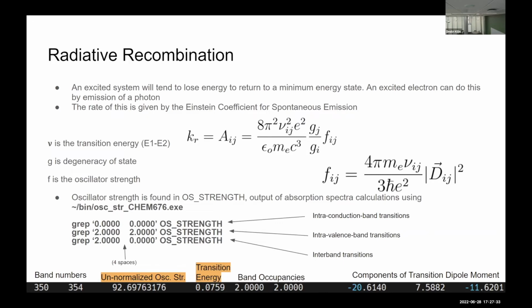Down below, we can see what one line of the oscillator strength file looks like. The two values we're really concerned with are the oscillator strength and the transition energy, which both show up in our calculation of the radiative emission rate.